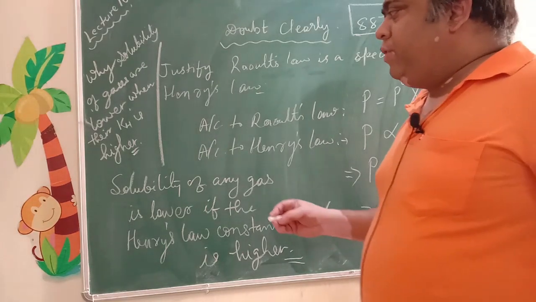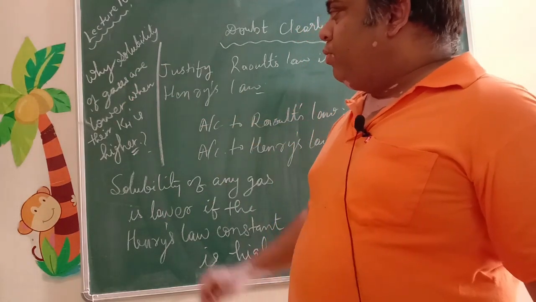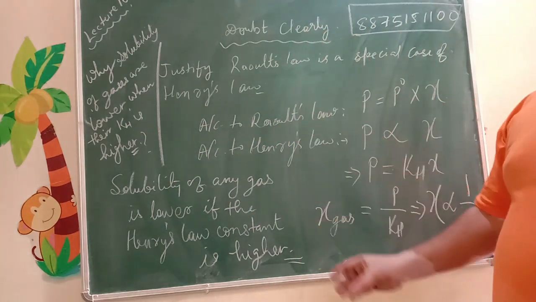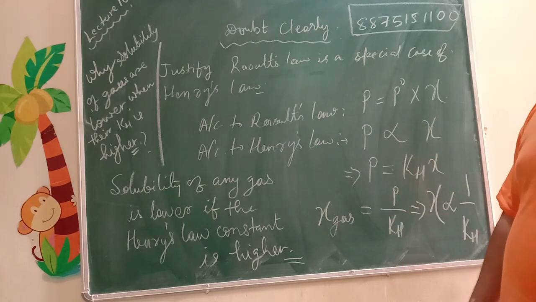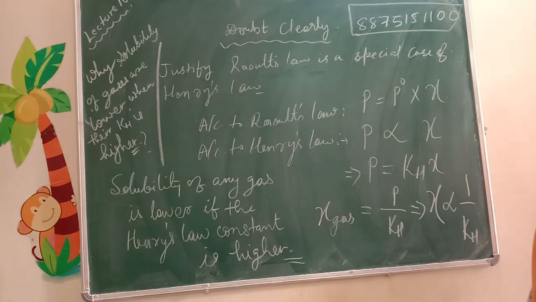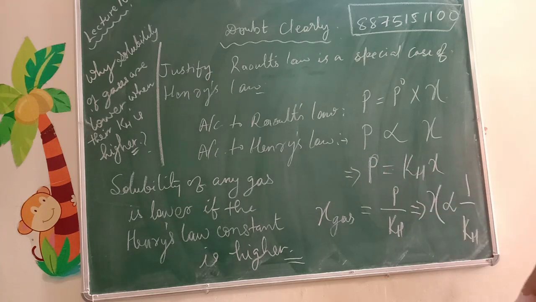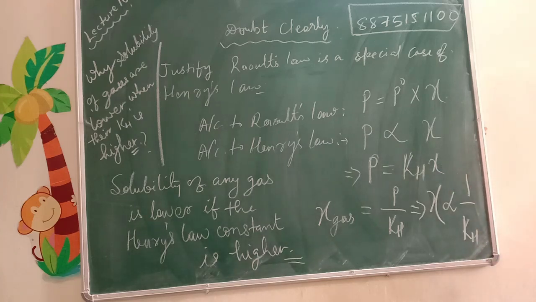So I got a question today from one of my students. The question is based on why solubility of a gas is lower when their KH value is higher. That means if we compare the value of KH and their solubility, we will find that higher the value of KH, lower will be the value of solubility. It's very simple. We know that according to Henry's law, vapor pressure of the gas is equal to Henry's law constant multiplied by mole fraction. This mole fraction is nothing but solubility, solubility in terms of mole fraction.